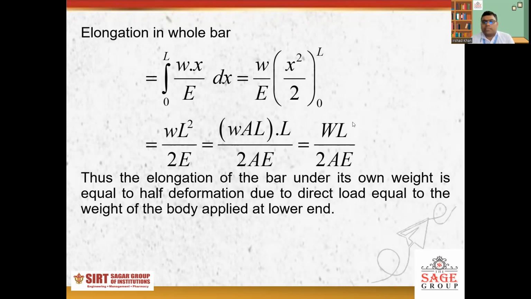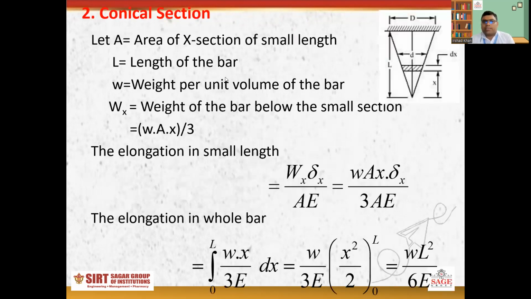Let's discuss the second case, the conical section. The process is the same as we discussed for the rectangular section. Let A be the area of cross section of the small length we have taken here.